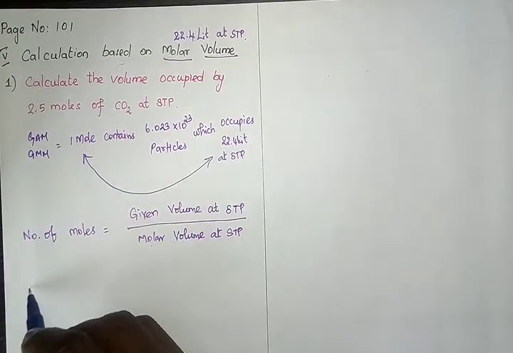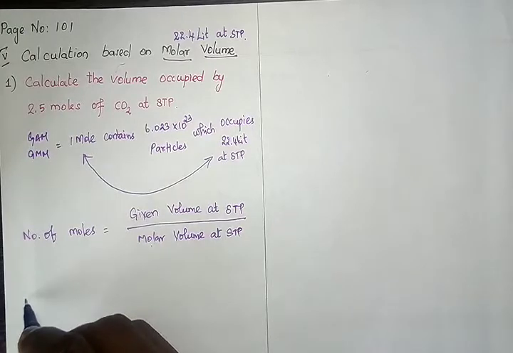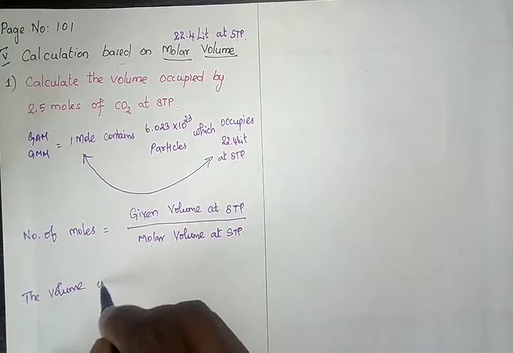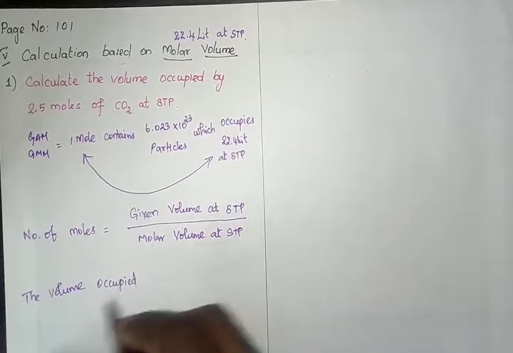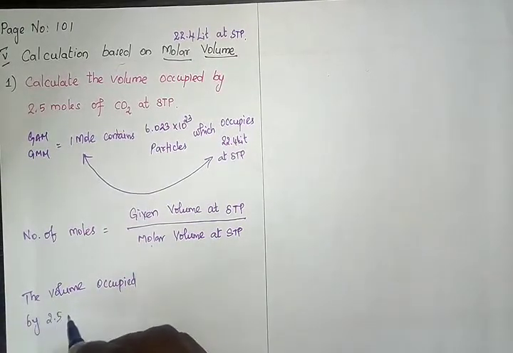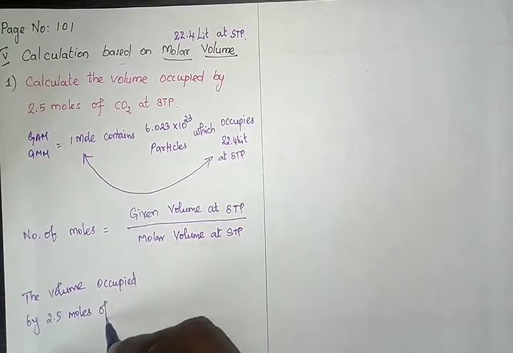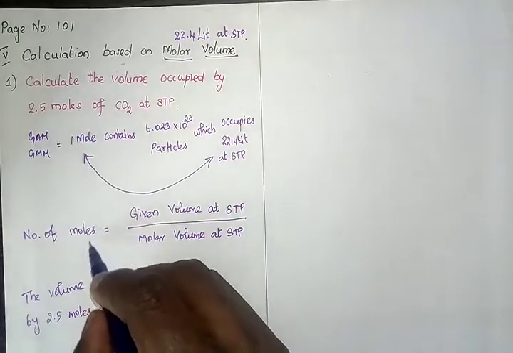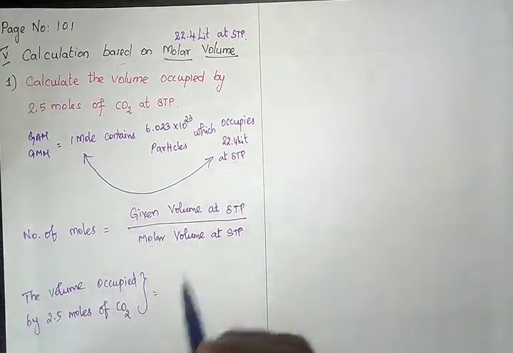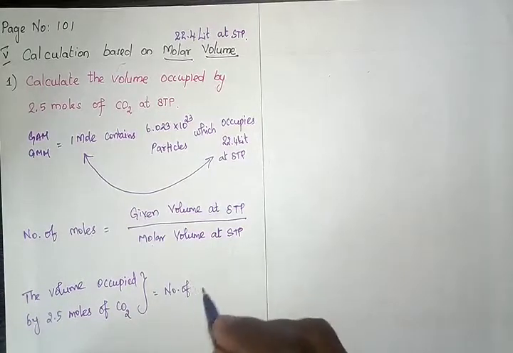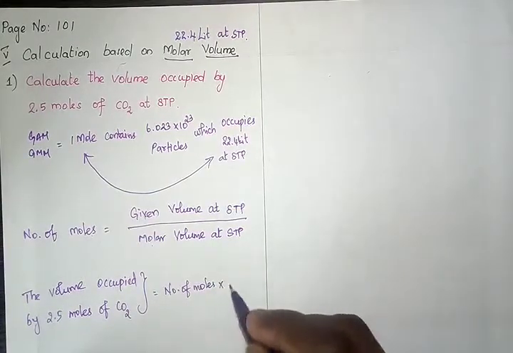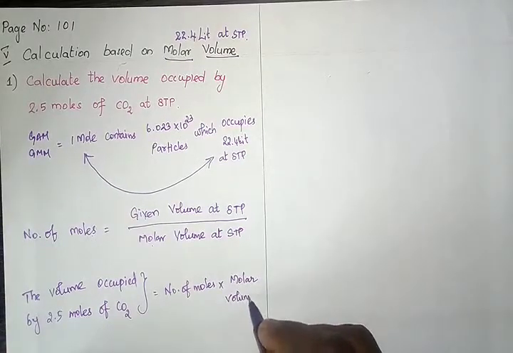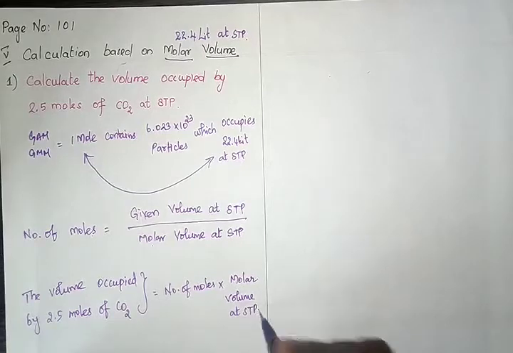So the volume occupied by 2.5 moles of carbon dioxide equals, if I cross multiply this, number of moles into molar volume at STP.